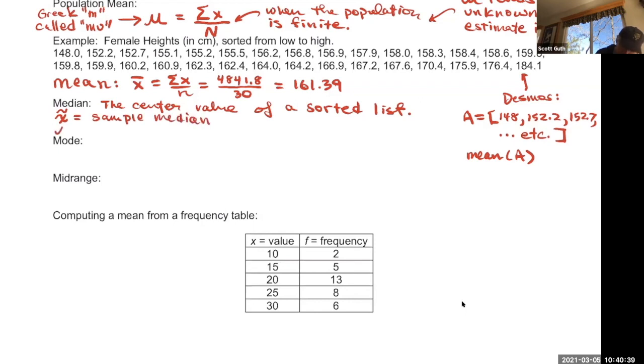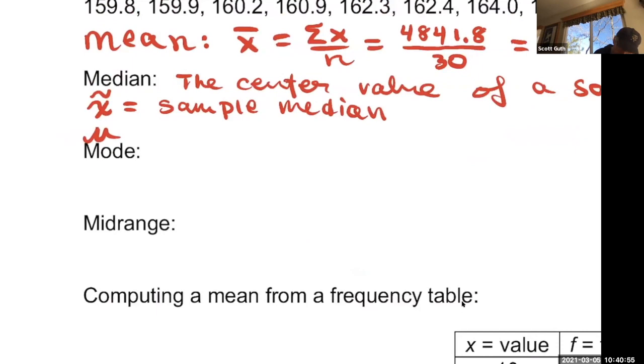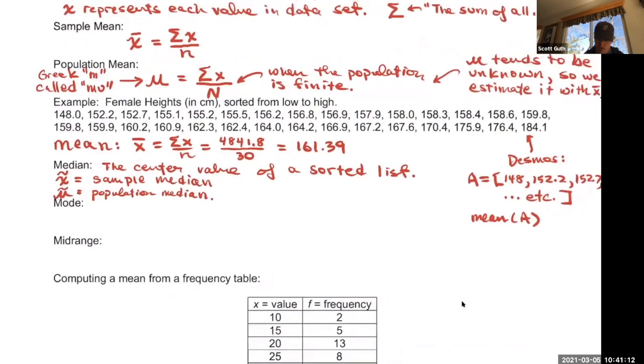And then a mu with a tilde over it is a population median. Okay, so the central value of a sorted list.